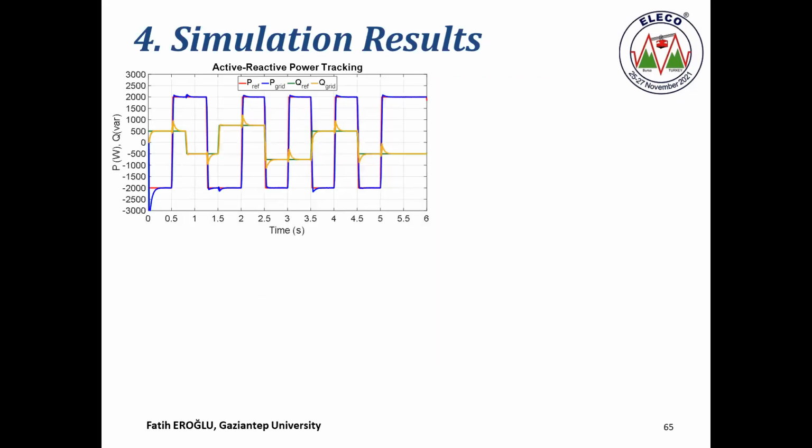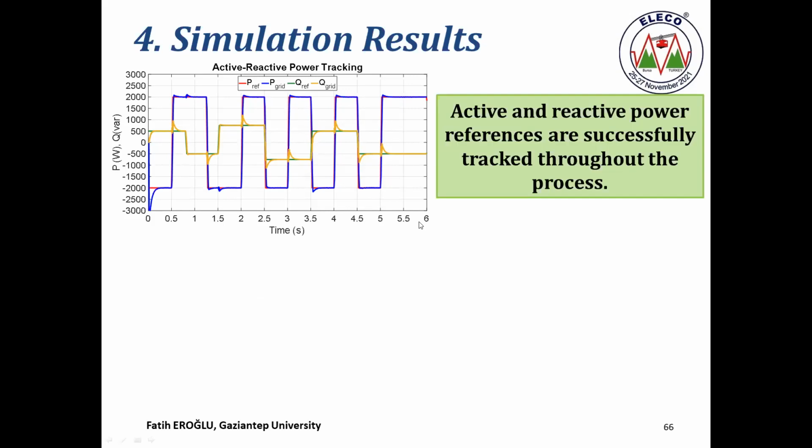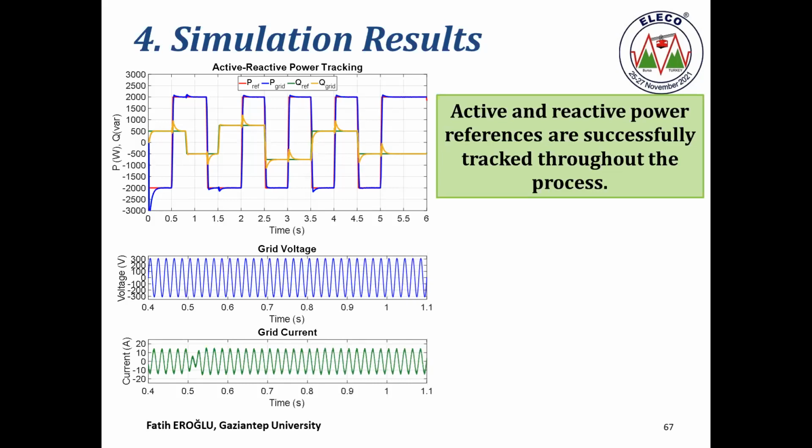This is the output of the bidirectional power flow controller, the active and reactive power tracking performance. As you can see, active and reactive power references are successfully tracked throughout the process. This is the zoomed view of grid current and grid voltage over a very small time interval.